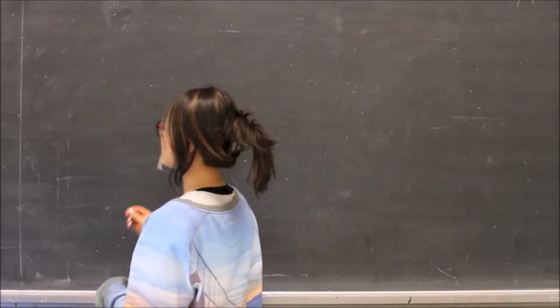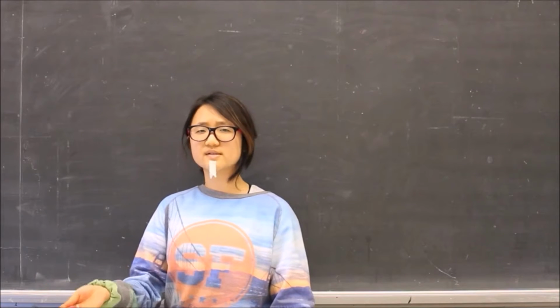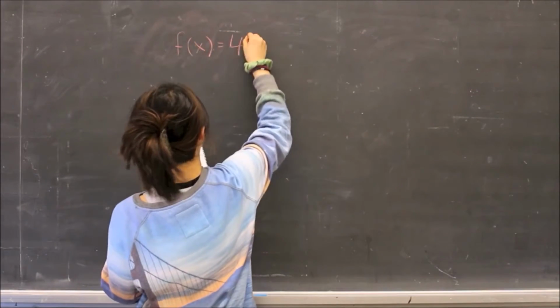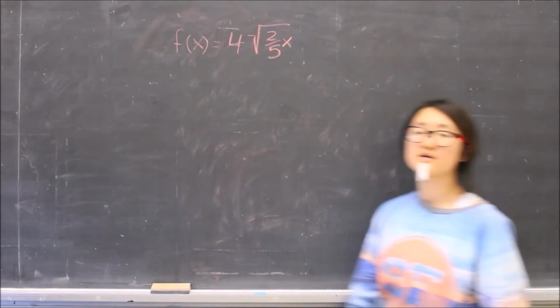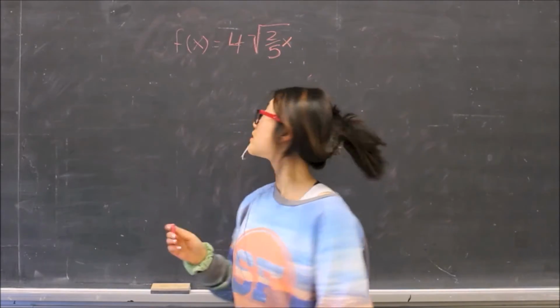So, the relationship between the stress and strain of our popsicle stick bridge was represented by this. Using this equation, we will find a derivative at 4.